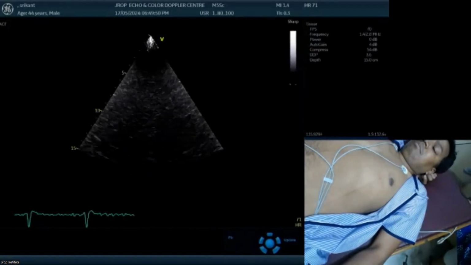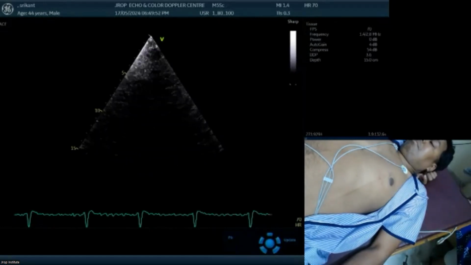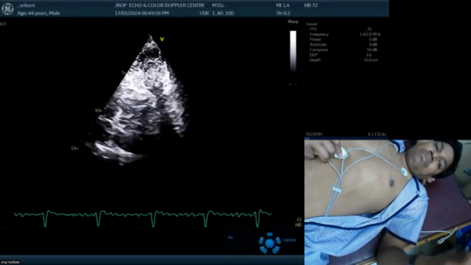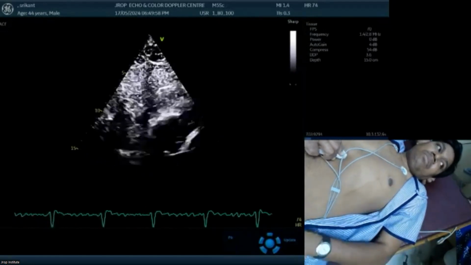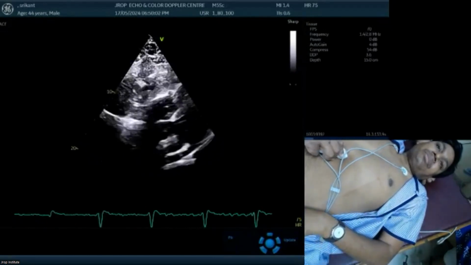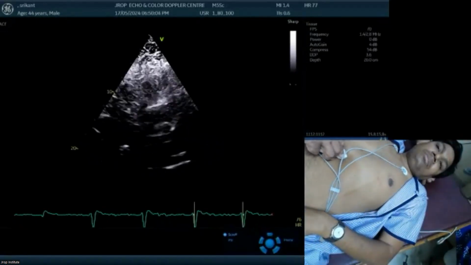Now going to sub-costal window. In the sub-costal window, the most important part is we see an intra-atrial septum out here. This is intra-atrial septum.